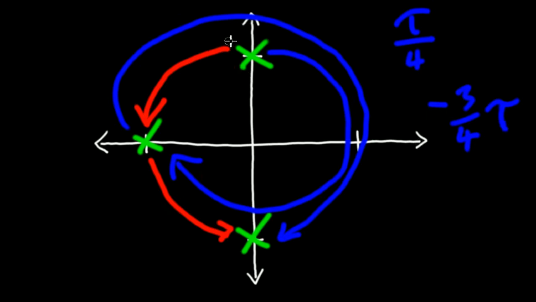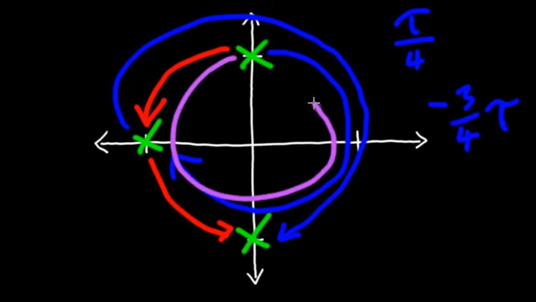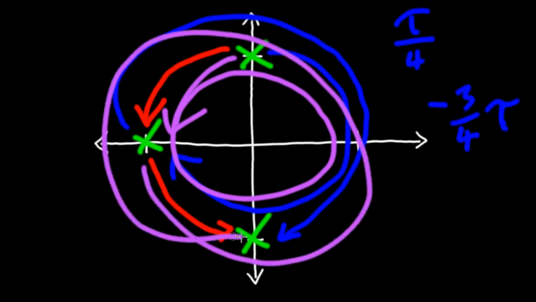What if this went, in fact, in the positive direction, one time around and a quarter? And then from here it went one time around and a quarter. Oh, guess what? This could actually be 5/4 tau. Hey, this could be any number of frequencies, couldn't it?